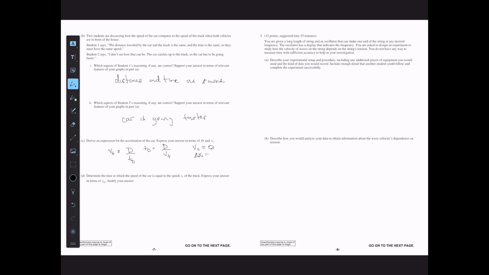Delta x was d, t was td. So let's solve for a. We can use delta x equals 1/2 a t squared. So d is equal to 1/2 a, and then t was d over vt. So 1/2 a d squared over vt squared equals d.